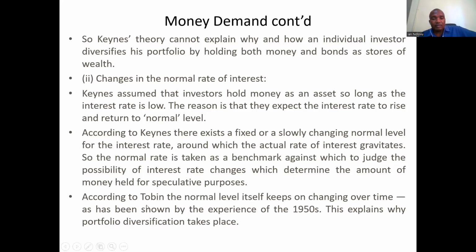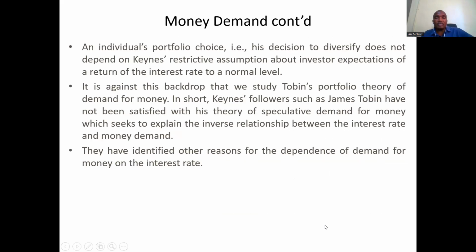purposes. But according to James Tobin, the normal level itself keeps on changing over time. It's not something which is constant. This explains why portfolio diversification is a constantly moving thing.